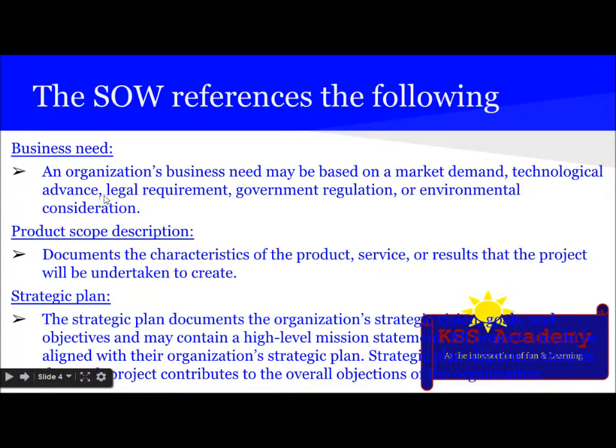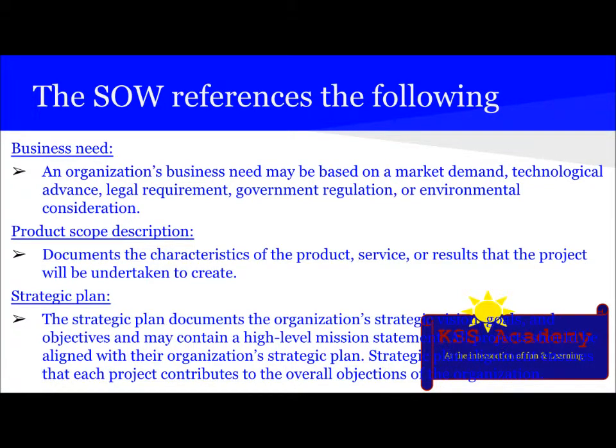Market demand, technological advance, legal requirement, government regulation, or environmental factors. So business need is decided upon the market drivers. Product scope description documents the characteristic of product, service, or result that project will be undertaken to create.